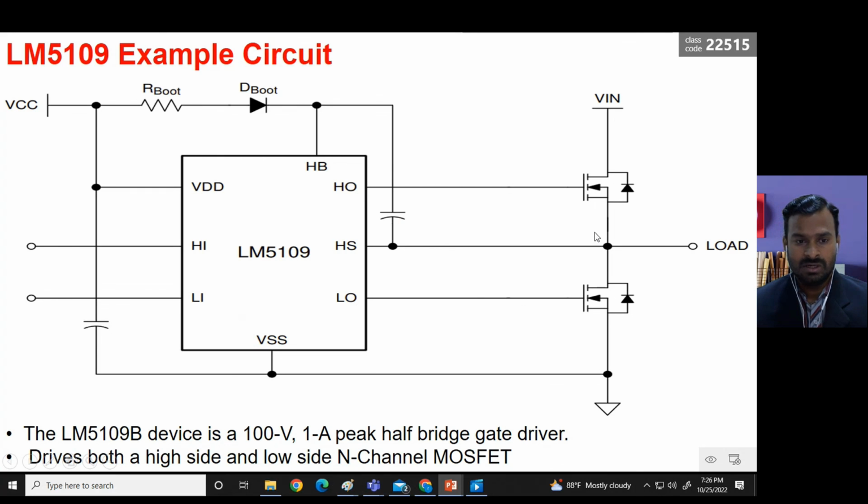We are going to use two phases, and a similar setup will be used also. Based on the inputs coming from the high and low conditions, the transistor will be on and off. Based on that, the duty cycle will be controlled and the load will be obtaining the current.